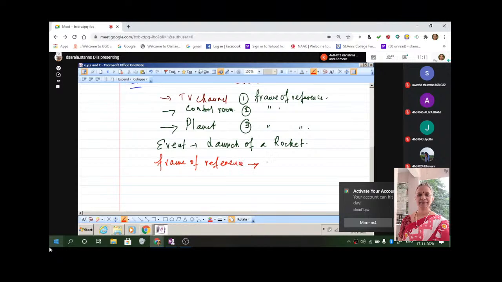It can be your TV frame, or the control room, or another planet. Therefore, you have different options. You can watch the event from any frame of reference.